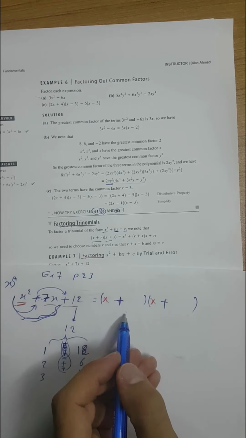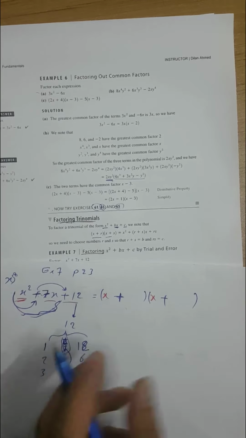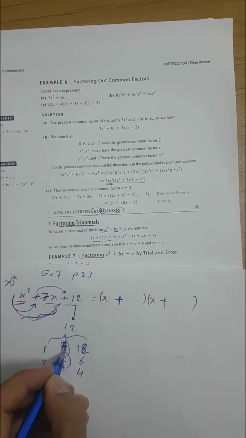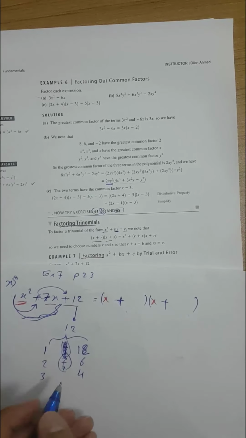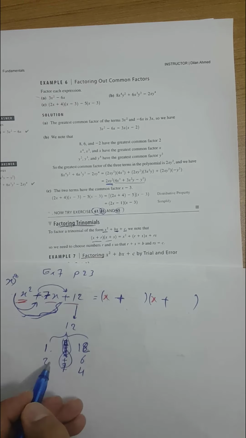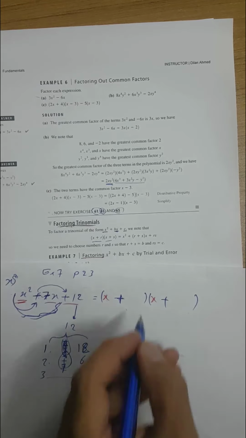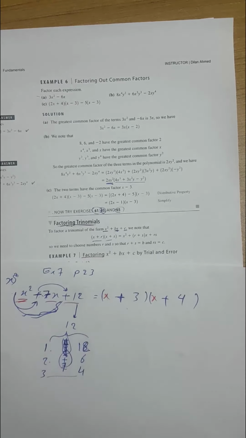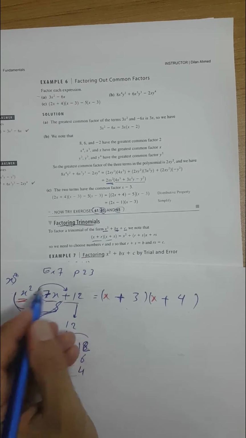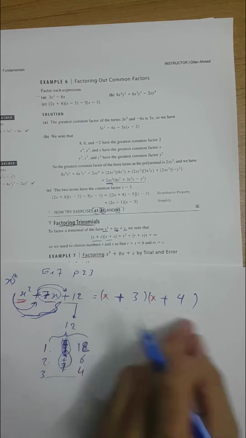In this case, of course, we have addition. So which of them, adding two numbers, is equal to 7? 1 plus 12 is equal to 13, 2 plus 6 is equal to 8, 3 plus 4 is equal to 7. That's why we put 3 and 4 here.